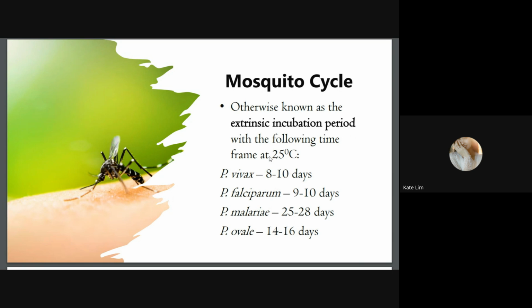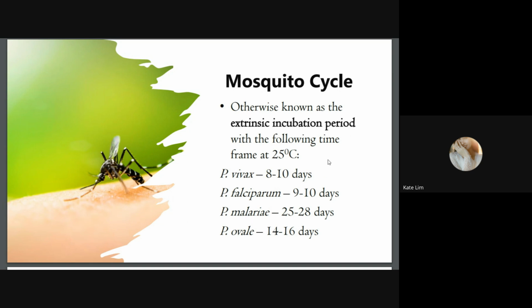So in simpler terms, class, after a mosquito bites an infected person and ingests the Plasmodium parasite, the parasite goes through several stages of development inside the mosquito. Only after this development is complete can the mosquito bite another person and transmit the Plasmodium. That is what the extrinsic incubation period is all about.